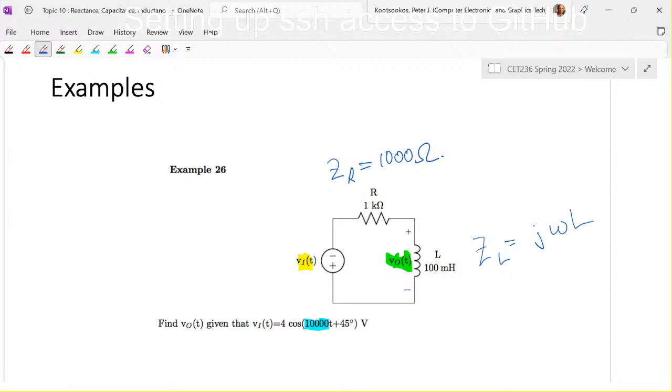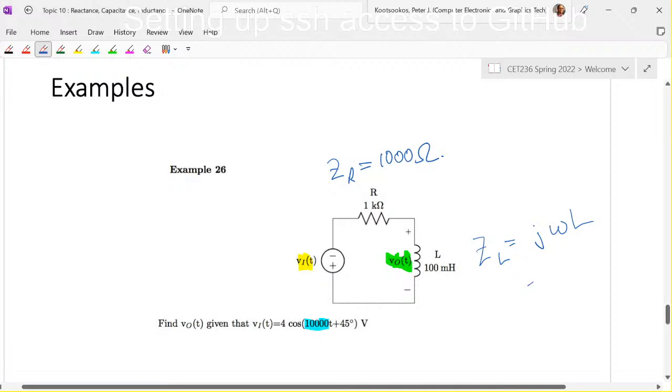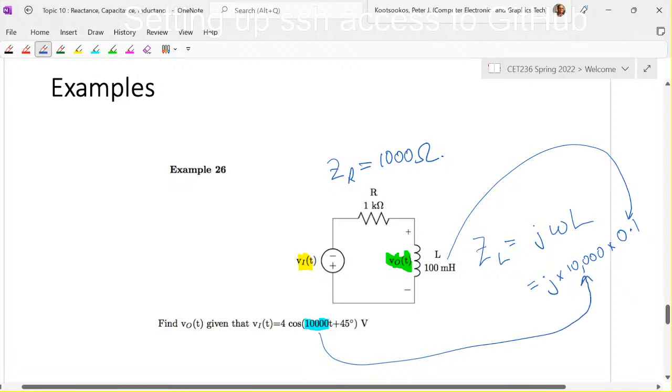And we know omega is 10,000. So our ZL is j times 10,000 times 0.1.